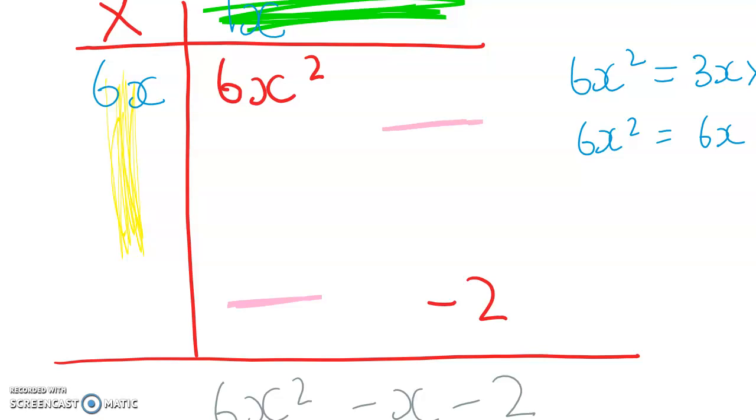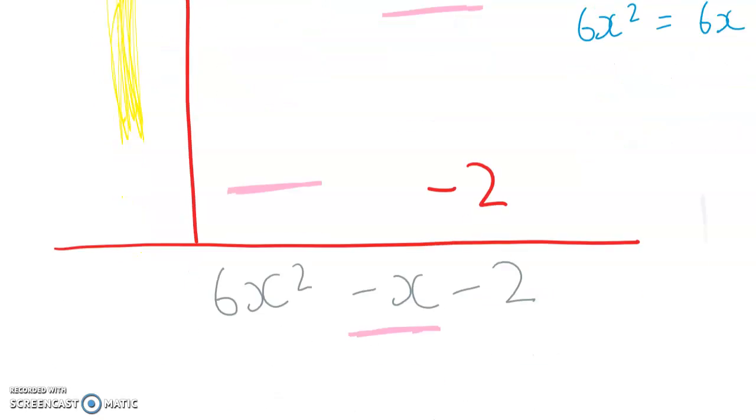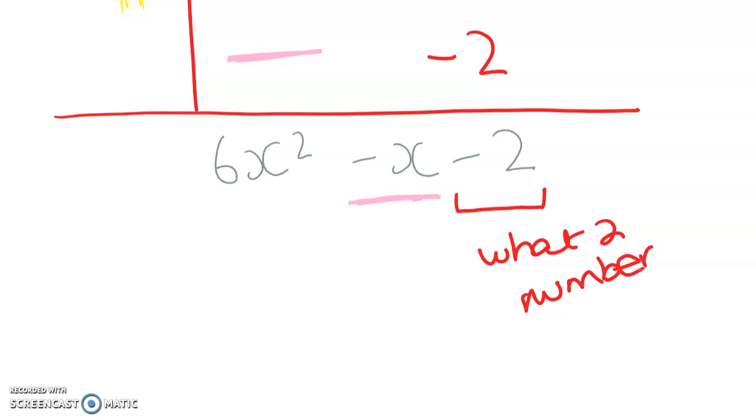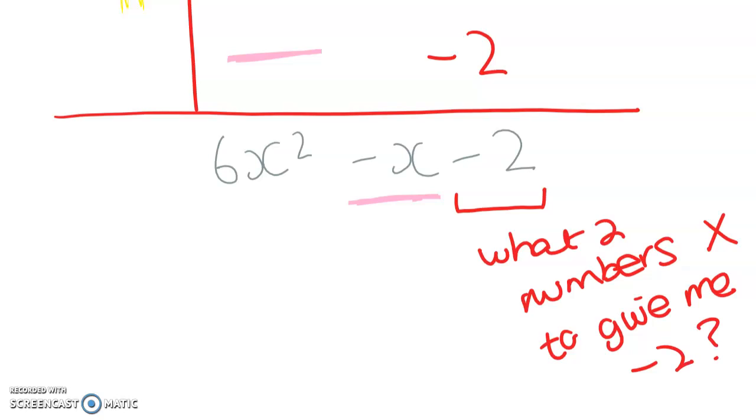So the next step I do is, what two numbers multiply to give me minus 2? Whatever the third term is, what two numbers multiply to give me minus 2 in this particular question?